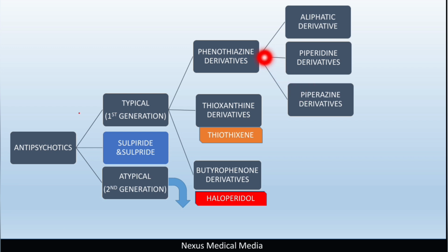Phenothiazine derivatives are further classified into three main groups again. You have the drugs with aliphatic chain, aliphatic derivatives, and in this case it is chlorpromazine.